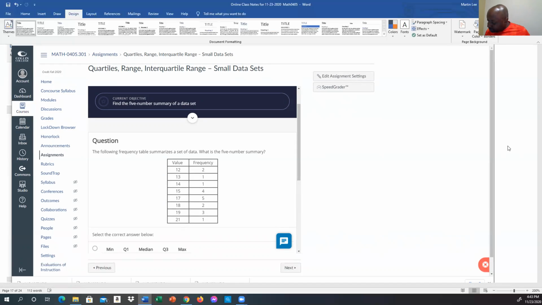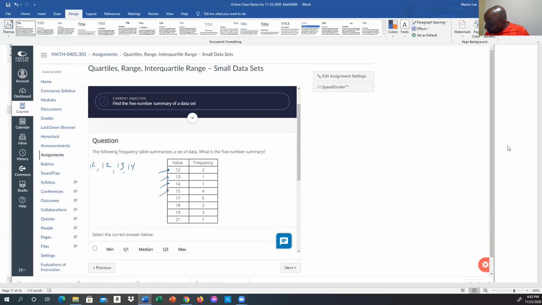So looking at our table, we see that the value 12 appears twice. So we're going to write 12 twice. The value 13 appears one time, so we write that once. The value 14, write that once.